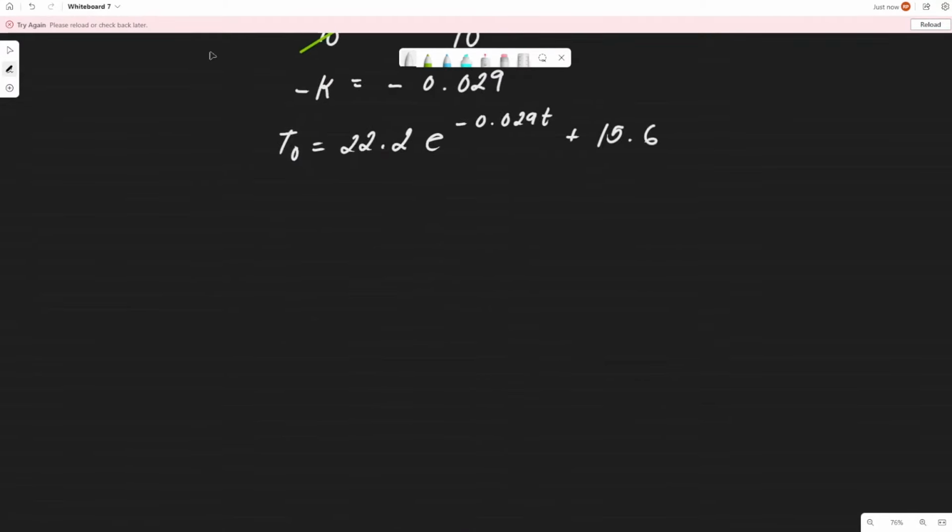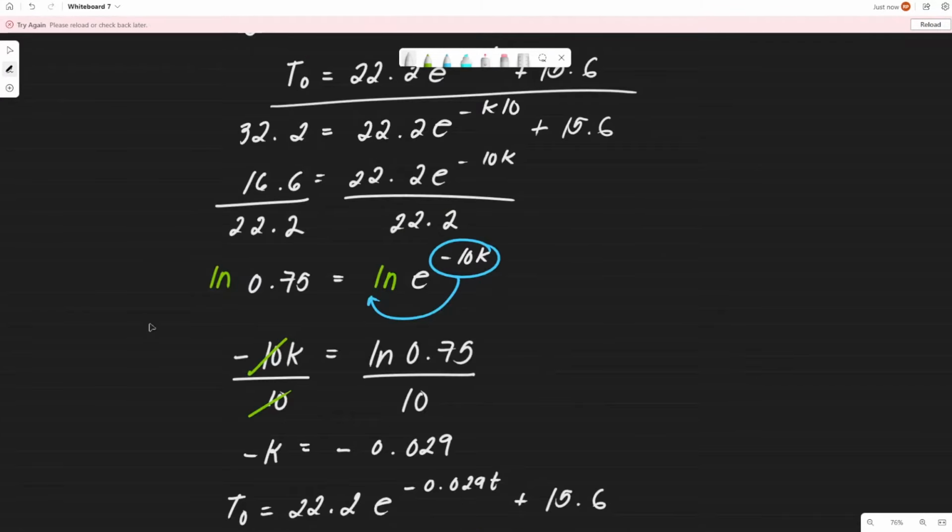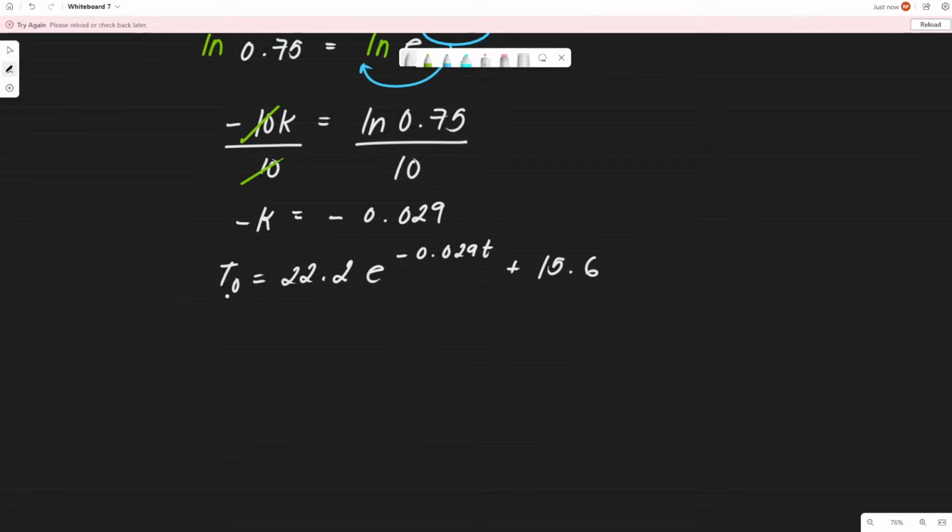Again, 26.7 is equal to 22.2 e raised to negative 0.029 t, plus 15.6.